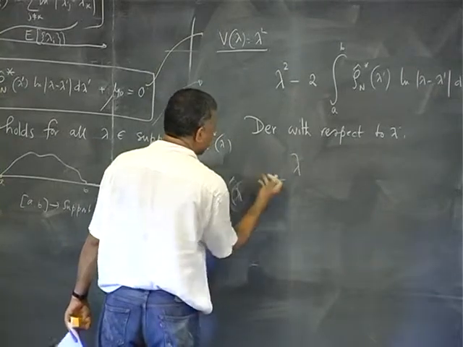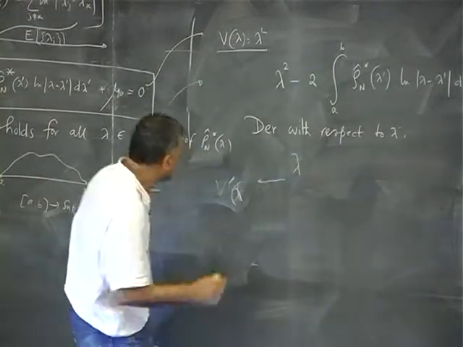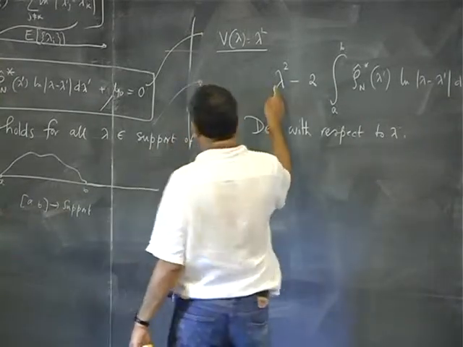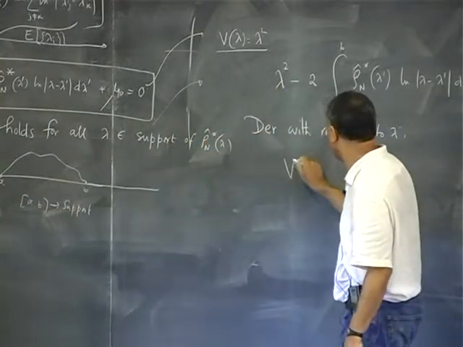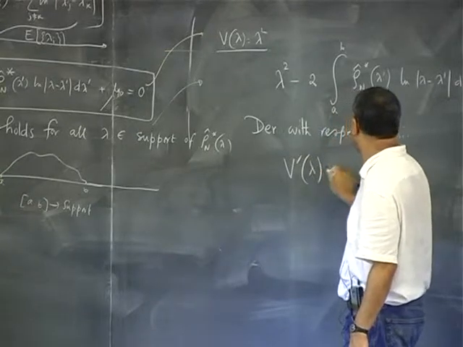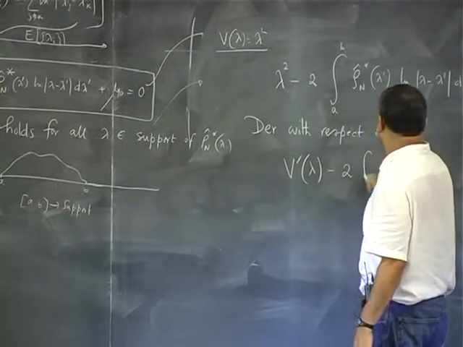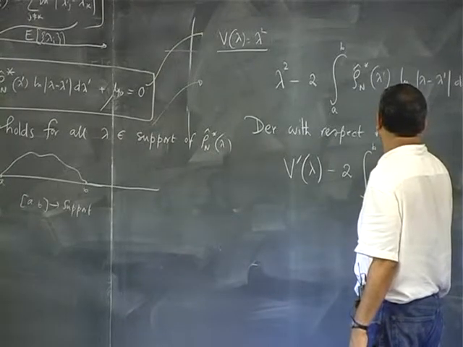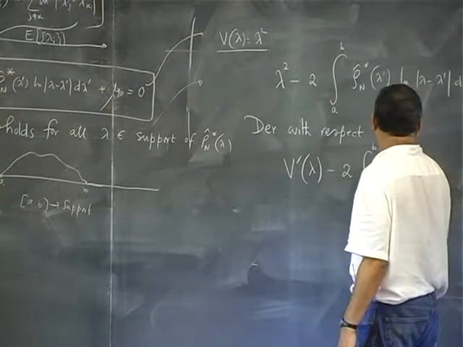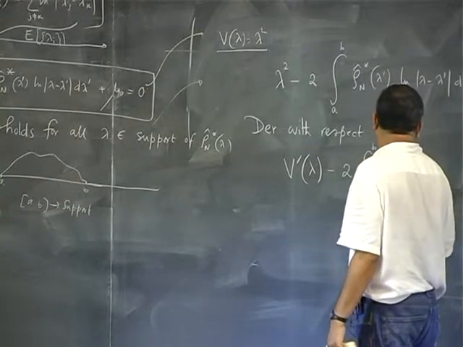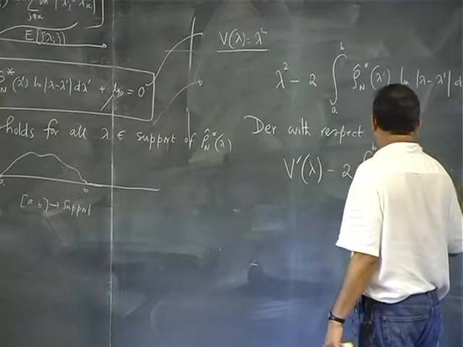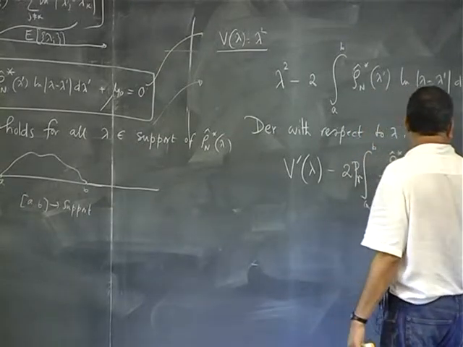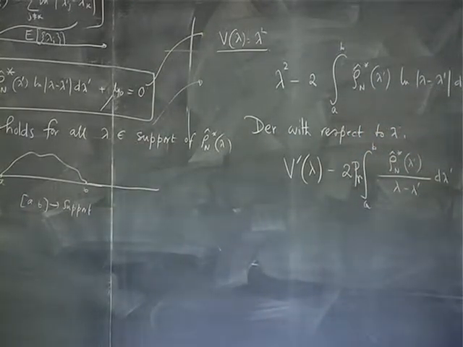Let me write the general thing. If it is a V of lambda, I take a derivative with respect to lambda. So there is a V prime of lambda minus 2, A to B. So what did I do?